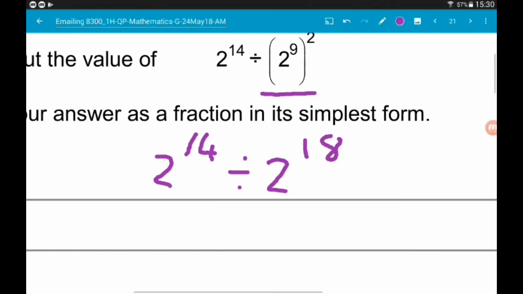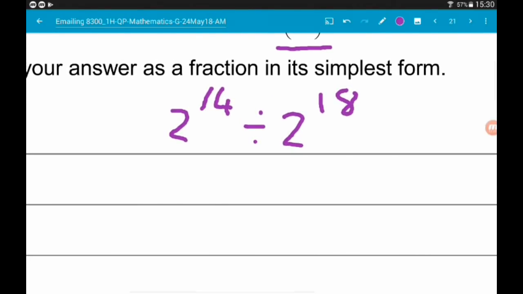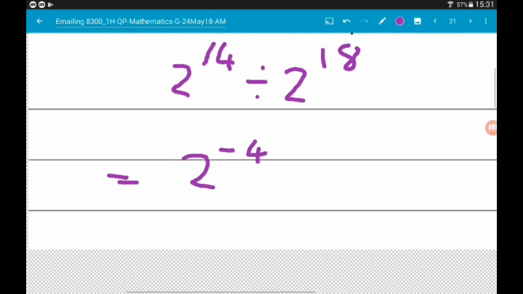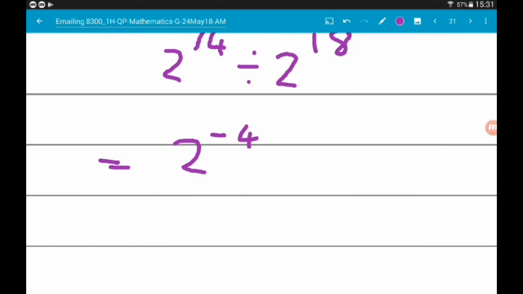Now, when you are dividing with indices, you subtract the second one from the first one. So this is 2 to the power 14 minus 18, which is 2 to the minus 4. Now a negative index puts the number and the rest of the power onto the bottom of a fraction.